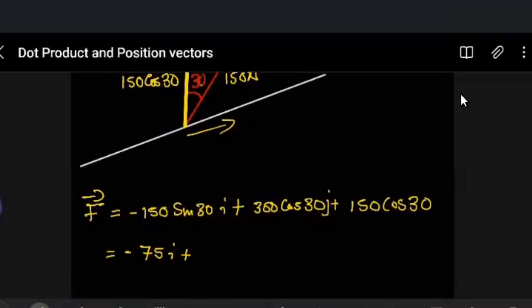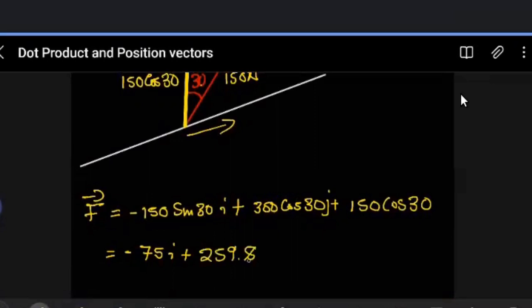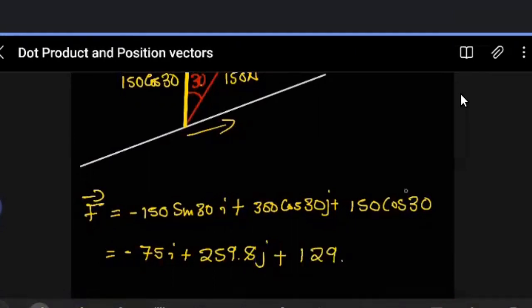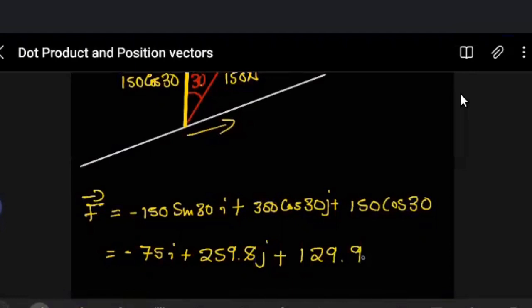So we have 259.8 J. And then the last one, 150 cos 30, is 129.9. Okay. So we now have our force.